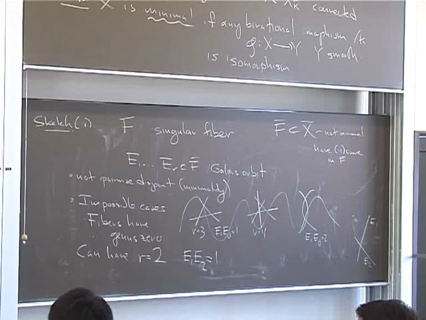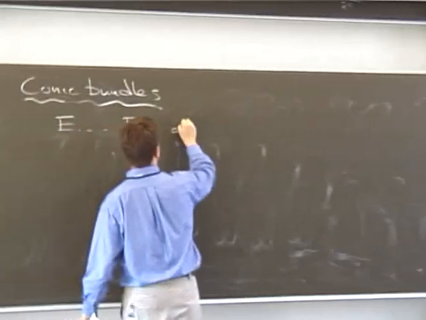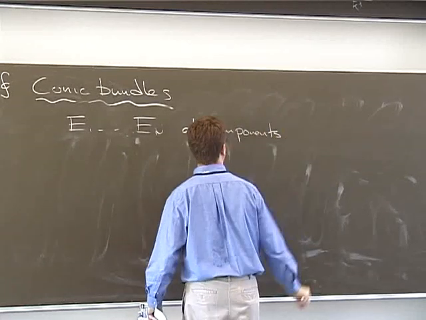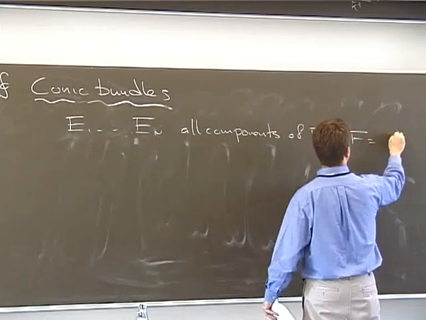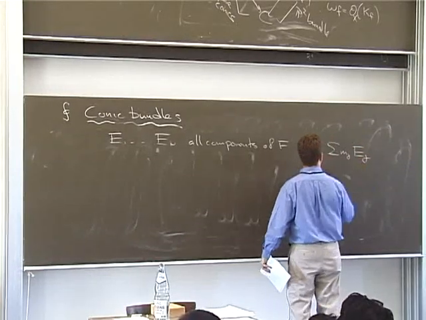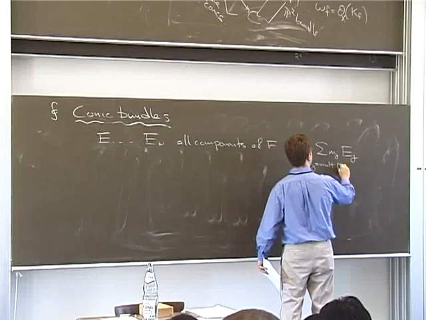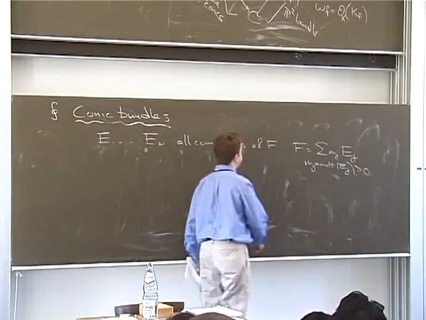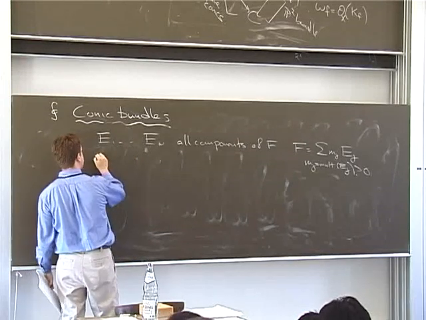So let E1 to En be all the components of F, and let's write the fiber as a sum, where Mj is the multiplicity of Ej in the fiber. Now, the intersection form.